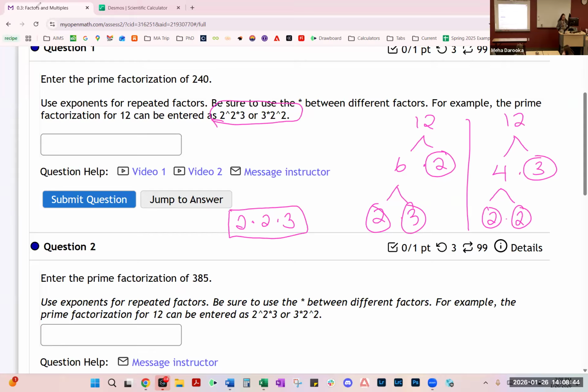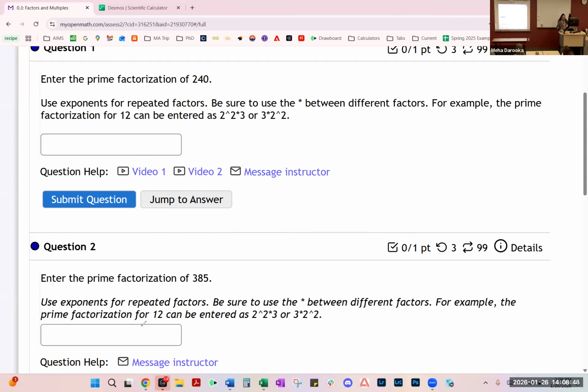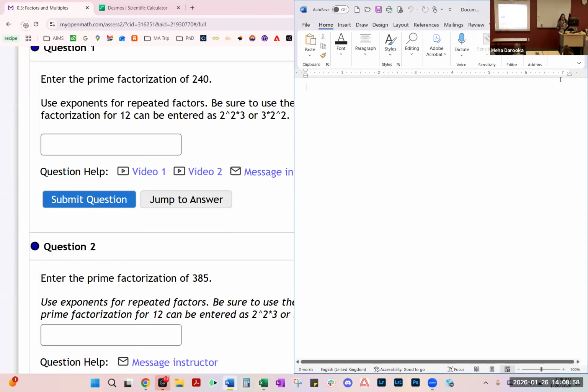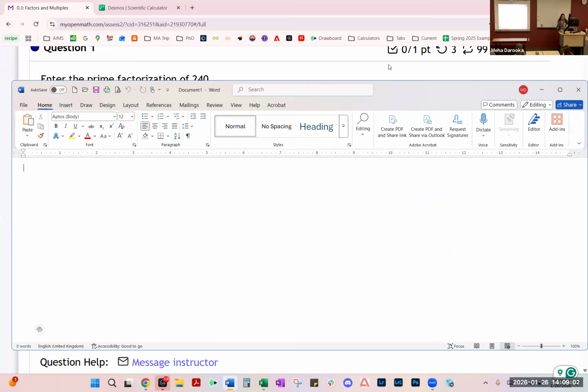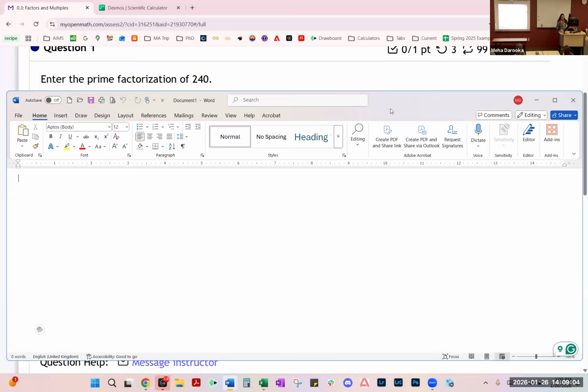That's why I like using factor trees when we're working with these kinds of problems. So let's see how we can find the prime factorization for 240. Let me get my little Word document here again. There we go. All right, so we're breaking down 240.